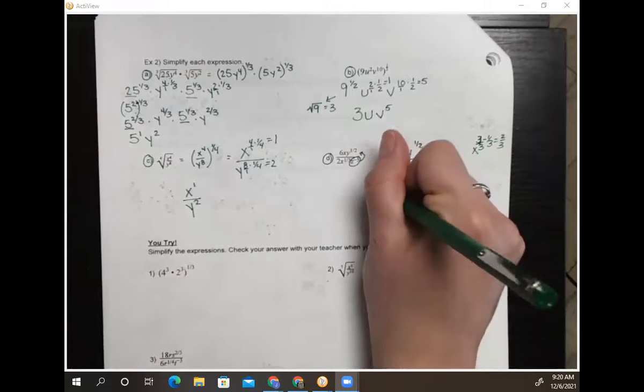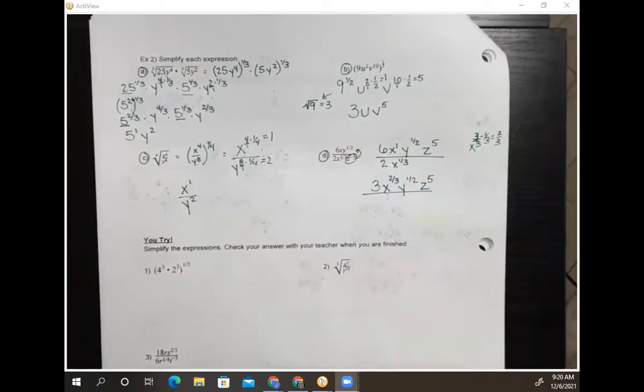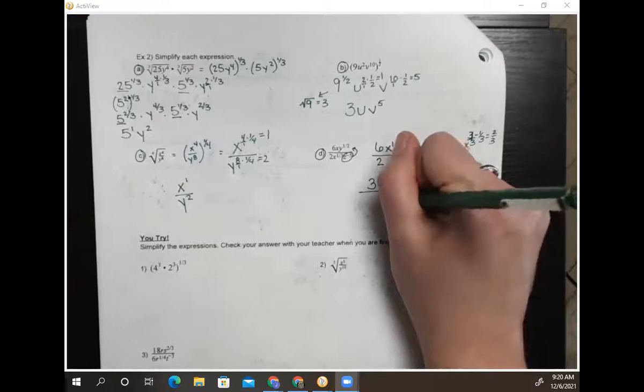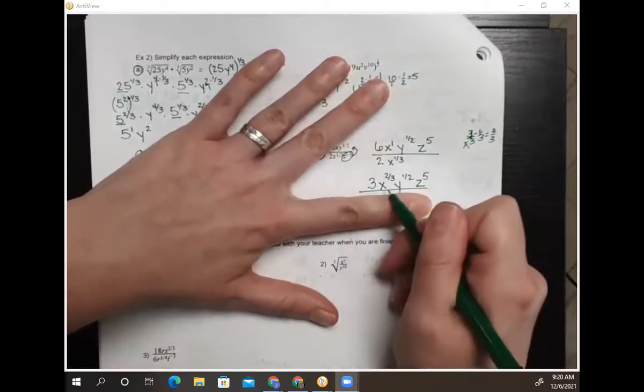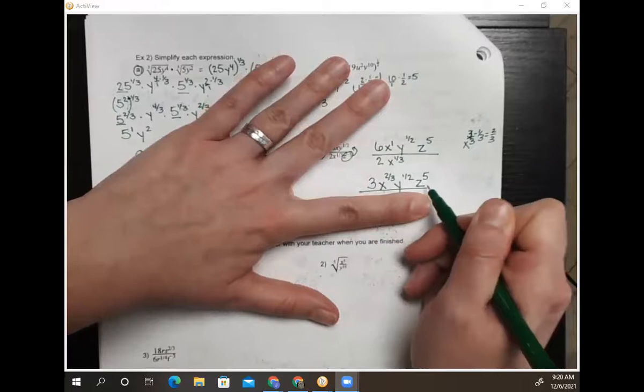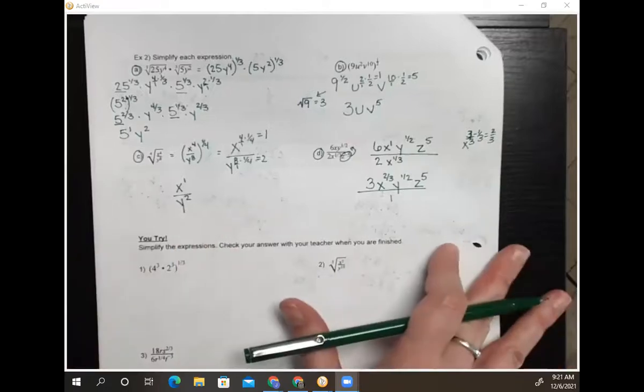So 6 divided by 2 would be 3. And then I wrote this all anticipating that I would have a fraction, so I'm just going to throw a 1 on the bottom. But if you didn't write that, and you just gave me 3x to the 2/3, y to the 1/2, z to the 5th, that would be fine too. Questions for me on D?